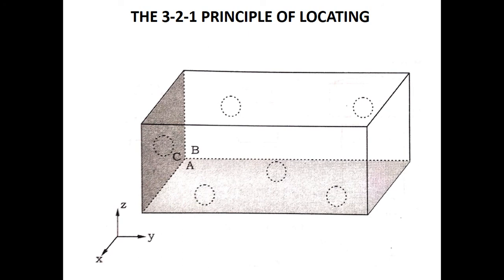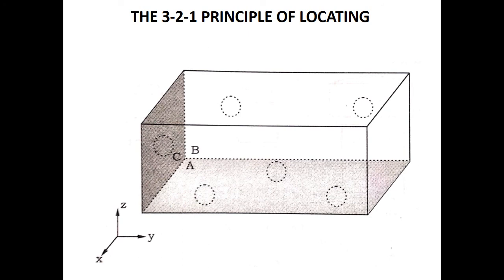Because it consists of 3 steps that employ 3 pins, then 2 pins, then 1 fixed pin of the known location. And since that adds up to 6 fixed points, that is 3 plus 2 plus 1, it is also known as the 6-point location principle.